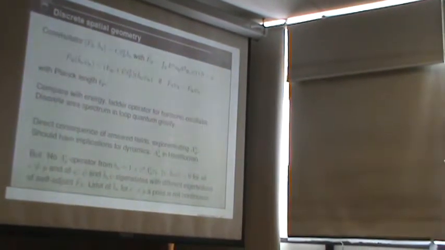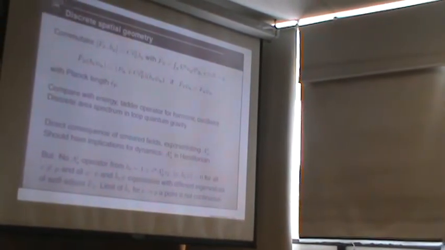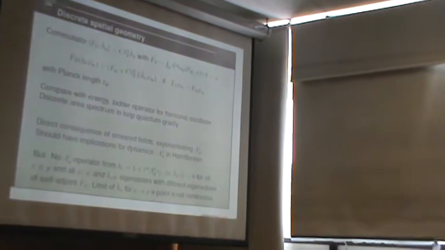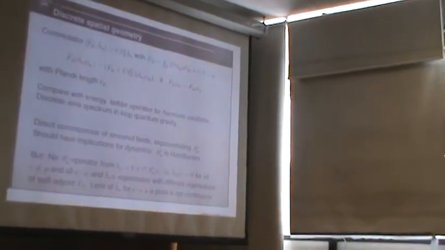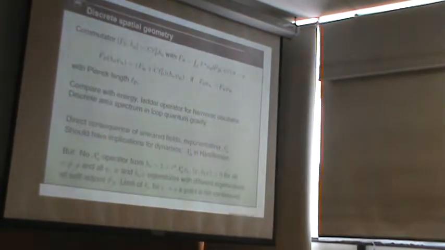But then for the dynamics, we also need the connection, or extrinsic curvature, in the Hamiltonian constraint. And that's more difficult because what we've constructed so far is an exponentiated version of A. And there's no strict logarithm for operators, so we can't simply go back to the A's.